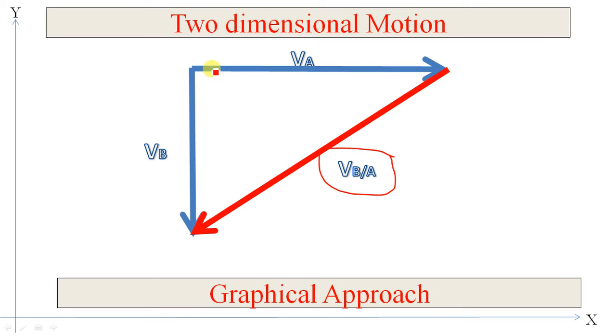We just have to draw the triangle. This is the absolute velocity of A, and this is the absolute velocity of B. In order to find the relative velocity of B with respect to A, you have to form this triangle. This is the velocity of B with respect to A.